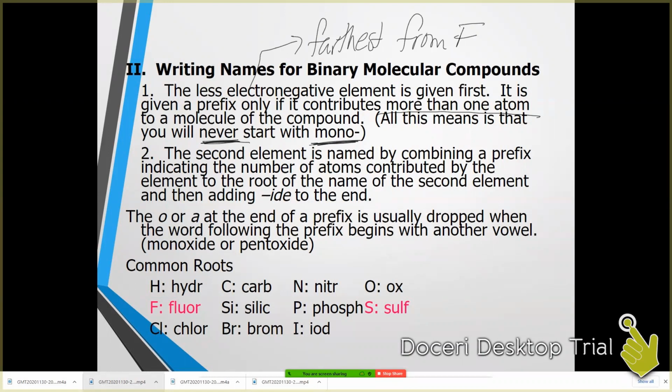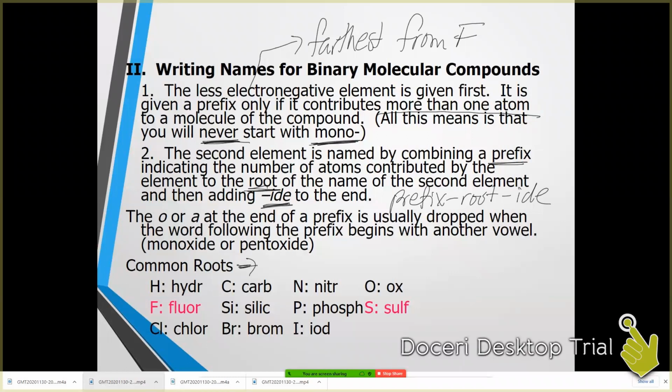The second element is named by combining a prefix that indicates the number of atoms. Then you would use the root of your element, and then you end with "ide." So we have prefix, root, "ide." And here are your common roots that you need to learn and get familiar with, because we'll use those quite a bit.